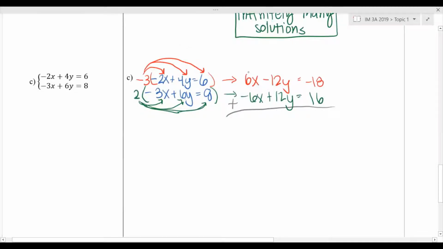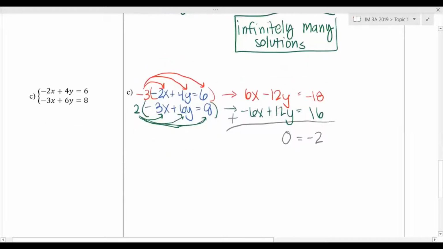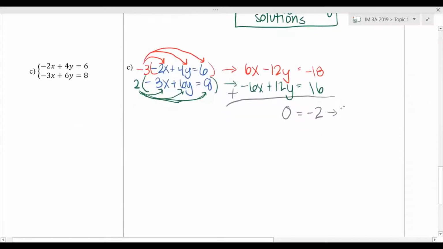Negative 6 plus positive 6 is additive inverses, so that goes to 0. And then negative 12y and 12y are additive inverses, so that also is 0. But on this side, negative 18 plus 16 is negative 2. And so notice that this is a false statement. So those are not equal on both sides.